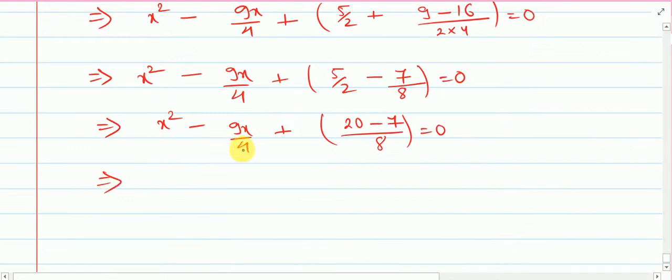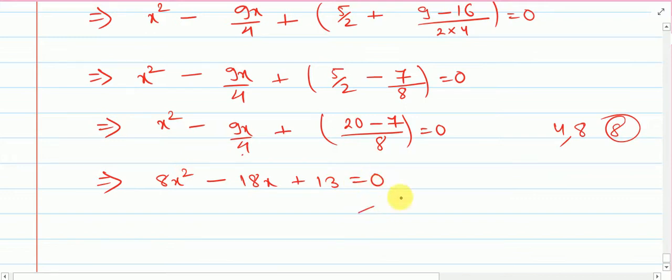Here you can see that it's 4 over here in the denominator, and here you have 8. So LCM of 4 and 8 is 8. So multiply throughout by 8, so you get 8x square minus 8 will be divided by 4. Okay, so 2 into 9 it becomes 18, and here 8 cancel, 20 minus 7 will be 13 equal to 0.